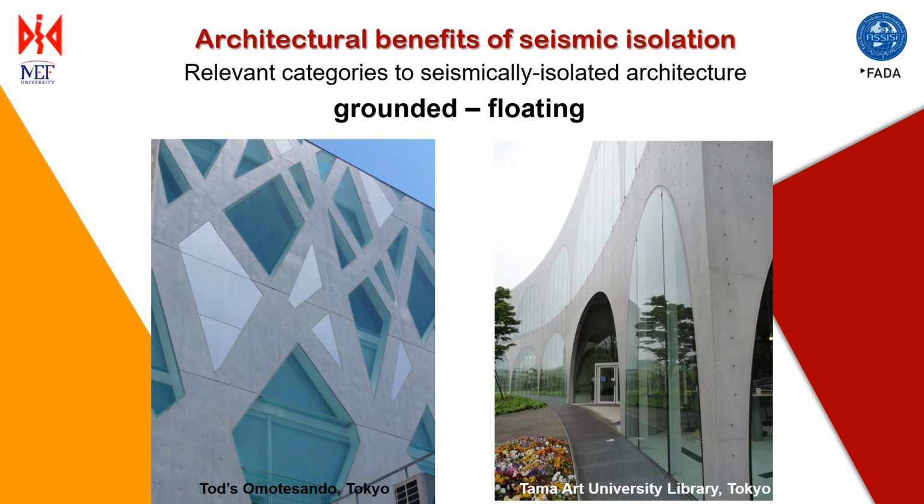Architectural benefits of base isolation: reduced interstory drift and possible lower levels of strength and ductility can be exploited in more elegant detailing and more slender and less regular structure.